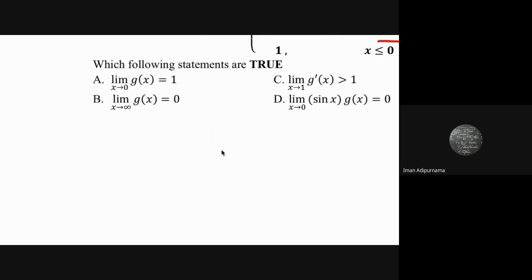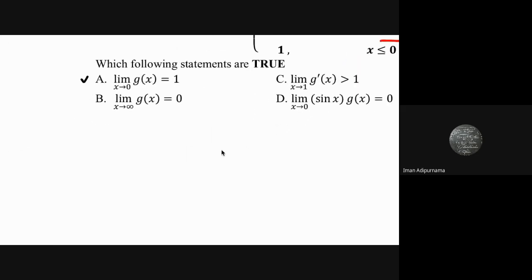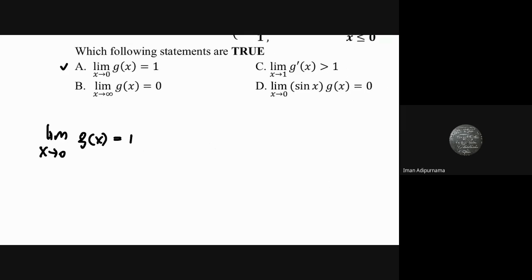So first, we check point A. The limit as x approaches 0 of g(x) is equal to 1. So how to check? First, we can check the limit from the left or the limit from the right.